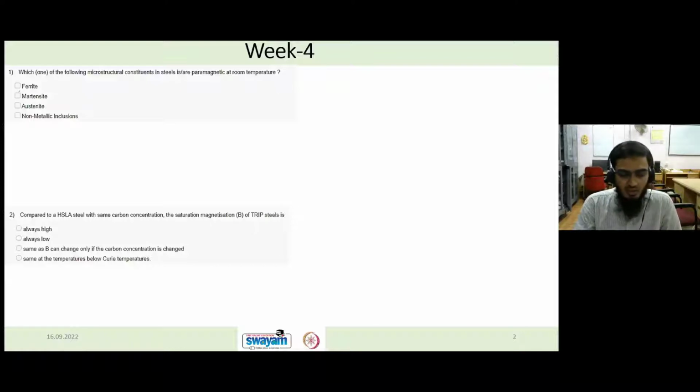The options are: A, ferrite; B, martensite; C, austenite; D, non-metallic inclusions. Out of these four options, you have to select the paramagnetic, or you can say non-magnetic, constituents in the steel. Just read the question and options and then try to answer it.